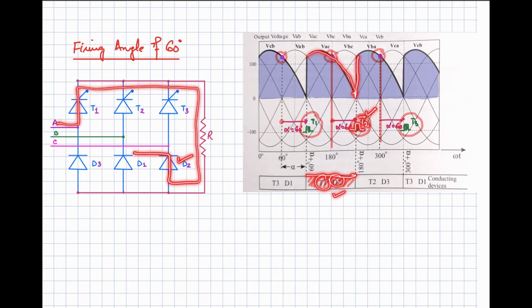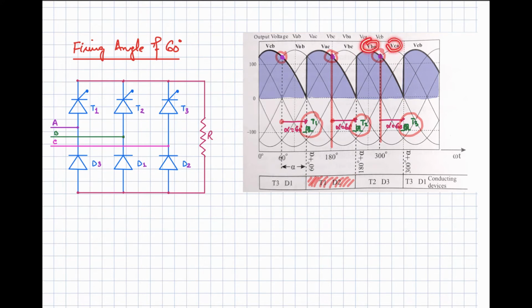From this point onward, VBA is the maximum, and that will appear across your load until you fire the next thyristor, right. Why will you be waiting for the next thyristor? Because you can see it is VBA and VCA. So the thyristor of phase B is turned on by applying the gate pulse over here. On the positive side, on the high side, your thyristor T2 is in the on state.